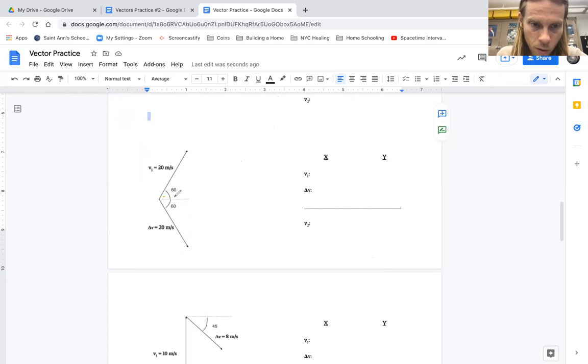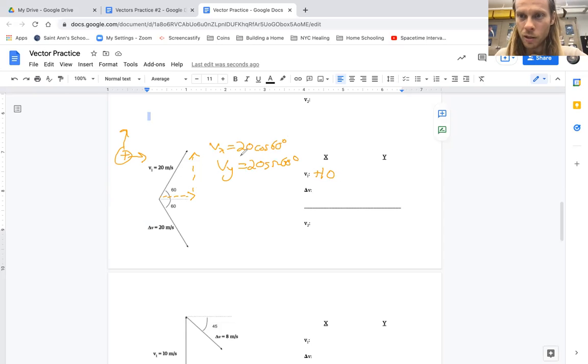So V1, the component is Vx, and the component is Vy. Vx is 20 cosine 60, which is 10. And we'll call that positive because positive is up and right. That's great. And Vy is 20 sine 60.